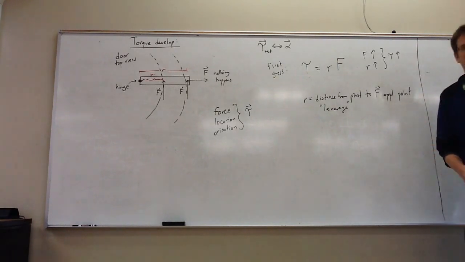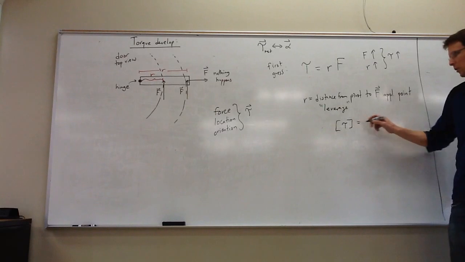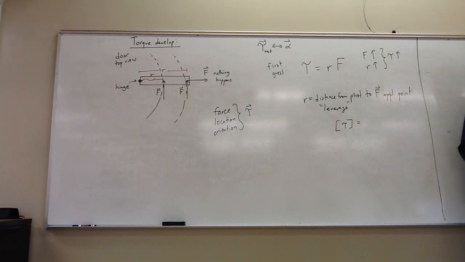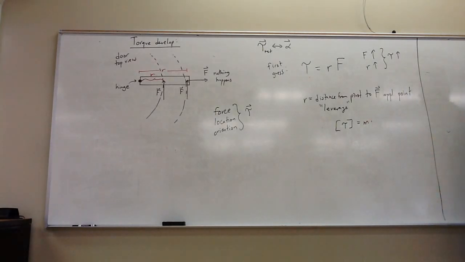Now, this is not only a good first guess, it's enough to get the units of torque. So the units of torque, what's the unit of R going to be? In SI, meters, right? How about force? Newtons. So the units of torque are meters times newtons. Normally, you don't write it that way because that can really easily be mistaken for a millinewton. It's not a millinewton, it's meter newtons.